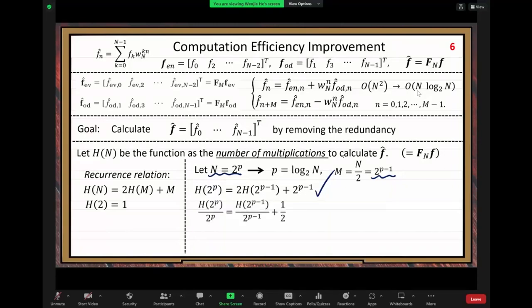After simplification, we get this expression. Now it's easier to see the result. If we do another iteration, because it is true for all P, we replace P by P minus 1, so we get this formula.